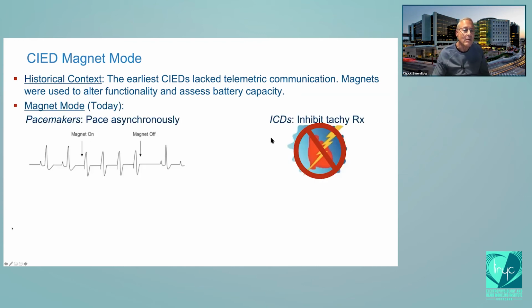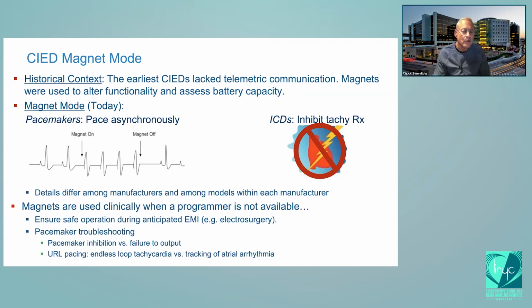Today, pacemakers will pace asynchronously when you put a magnet on, and ICDs inhibit tachycardia therapy when you put a magnet on. And this is useful. Although details differ among manufacturers, although they pace asynchronously, they may do other things.